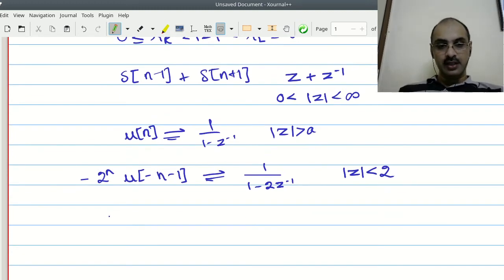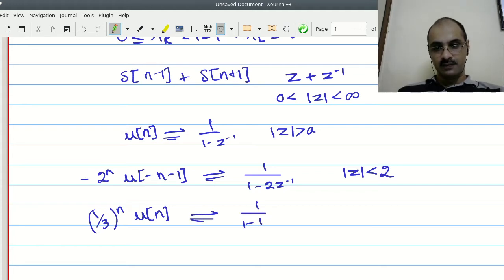Now if you take the sequence, let's say I'll take some other number, 1 by 3 to the power n u[n]. For this sequence we have mod z greater than 1/3.